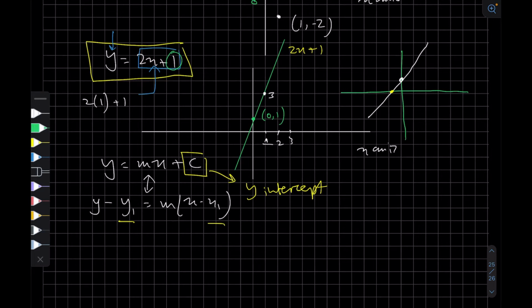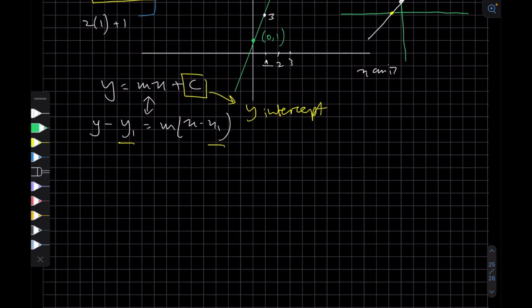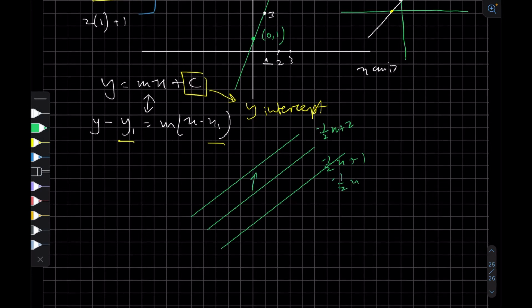And the effect of the y-intercept is basically that it just shifts the graphs up or down, right? So if this is, let's say, the graph of negative half x plus 1, this would be the graph of negative half x plus 2, this might be the graph of negative half x, and so on. You see that it merely just shifts it up or down.